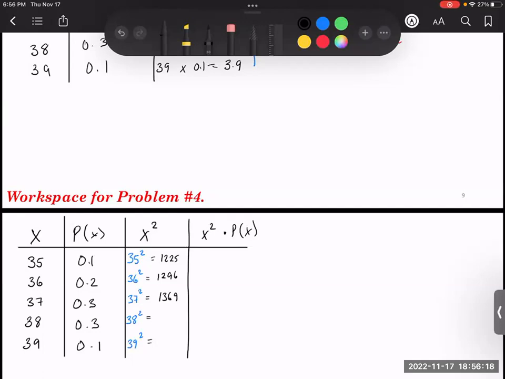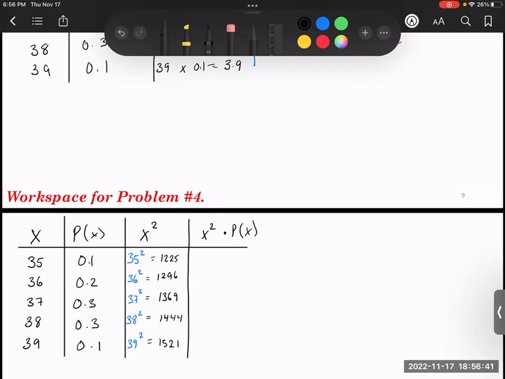And 38 squared? Try again. 38 squared: 1444. And then 39 squared should have been 1521, like you mentioned. There you go.